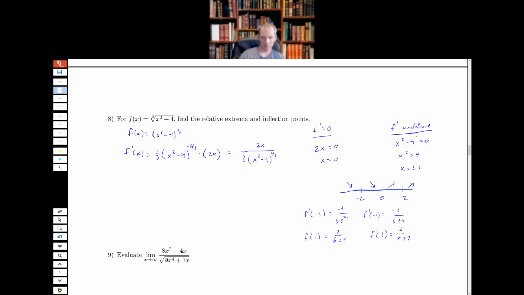Now, 0 is not defined in the derivative, but 0 is defined in the original function. So I'm going to say that's okay then. 0 is a relative min. And we don't have a relative max.